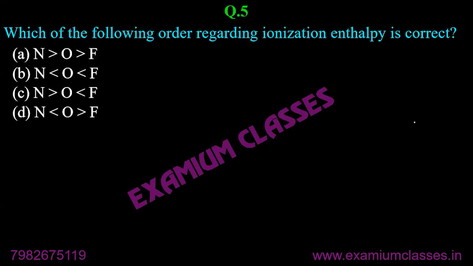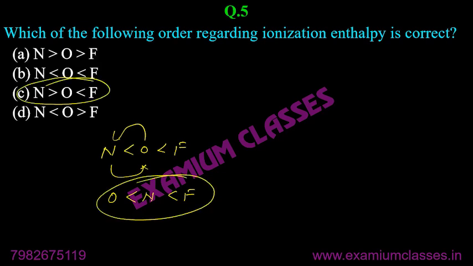This question is now very easy because I have discussed it when I discussed carbon, nitrogen, oxygen, fluorine. So instead of N, O, F, these change their position. Oxygen is actually less than nitrogen, less than fluorine, but it is written like this in this case.